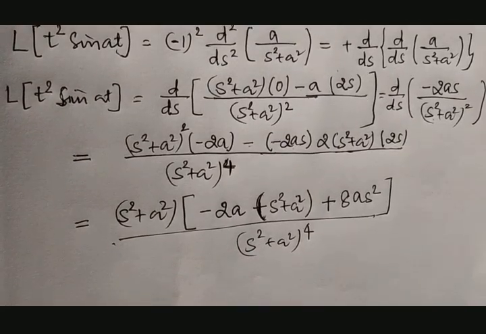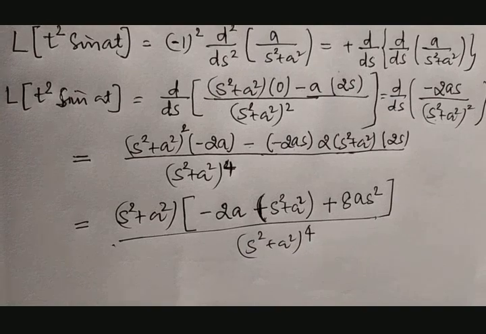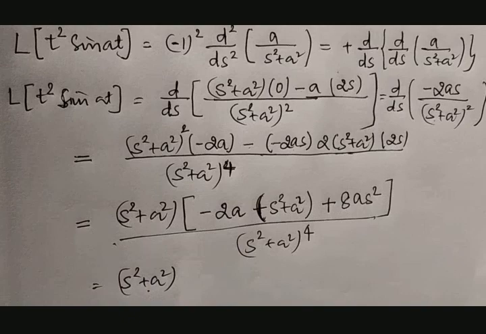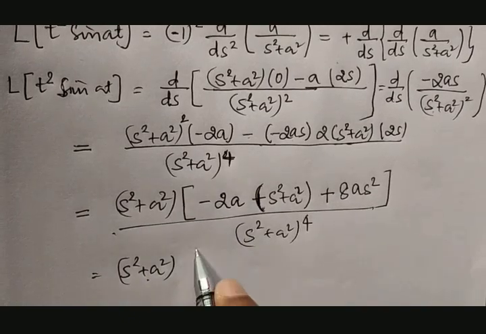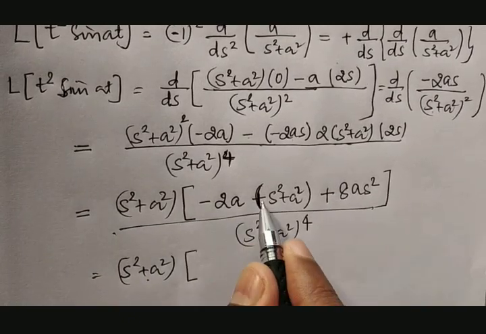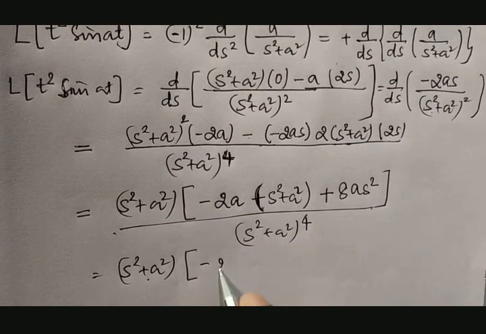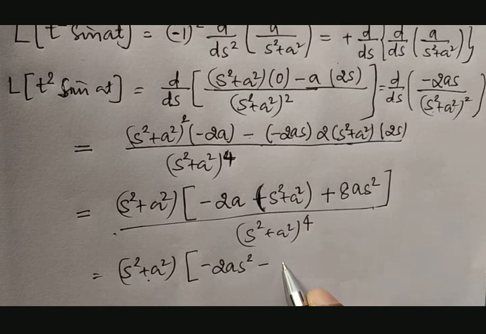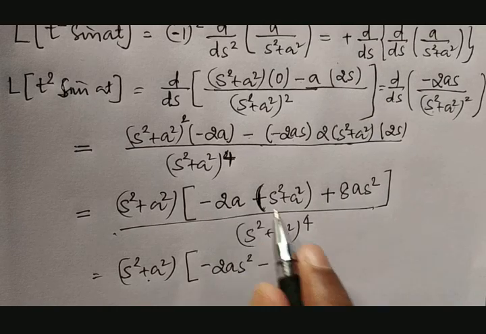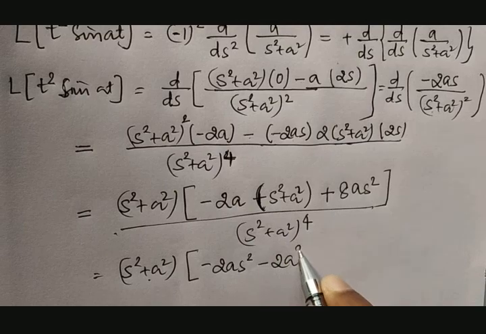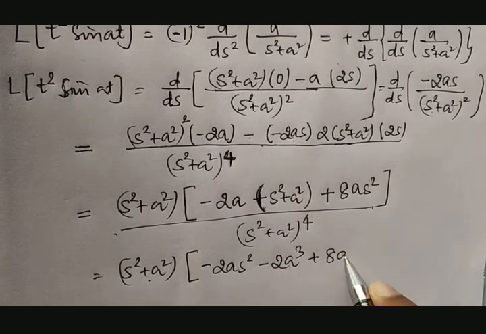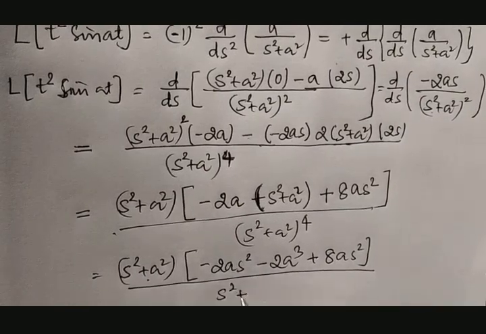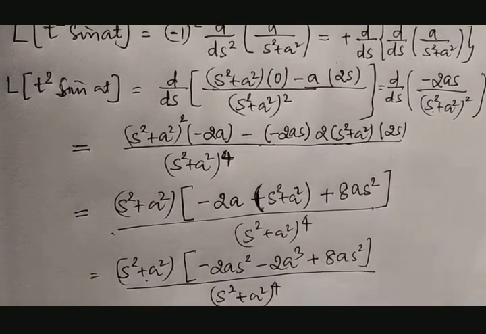From here we simplify this as s square plus a square into minus 2a s square, minus 2a cube, plus 8a s square, divided by s square plus a square raised to 4.